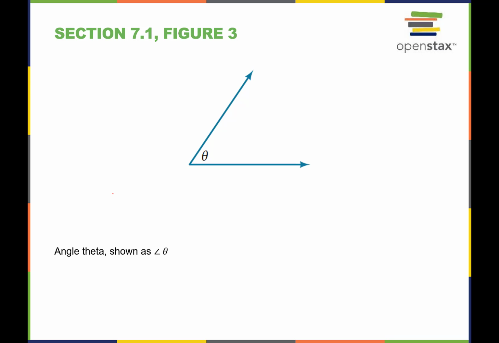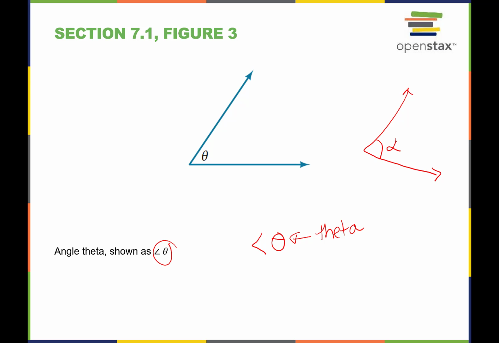The notation that we use to show that something is an angle looks like this. It's literally a little angle symbol, and then we label what angle that is. This is called theta, and we use that a lot for angles. But I could also draw another angle and call it something else.